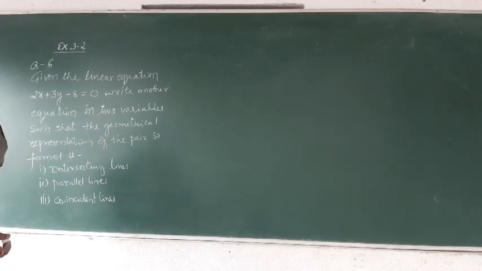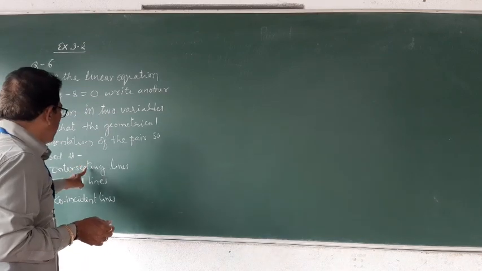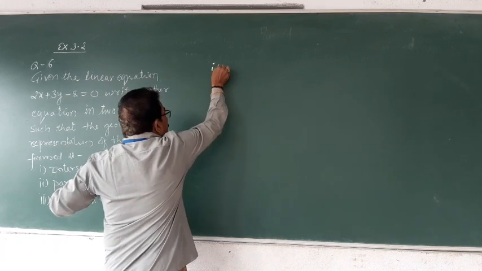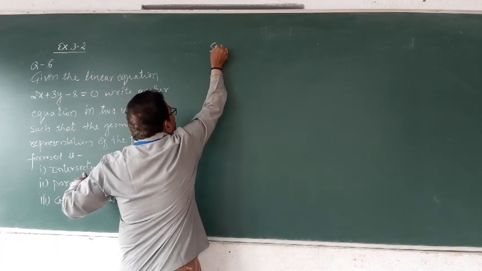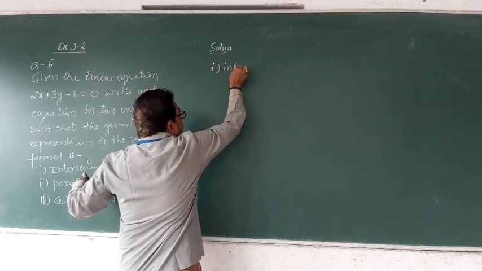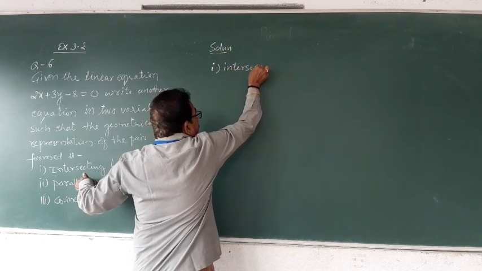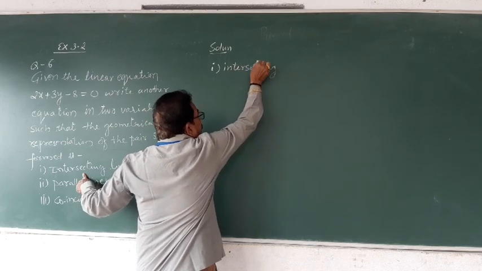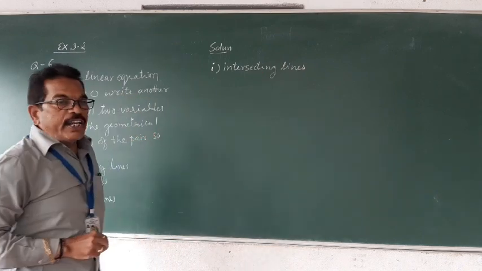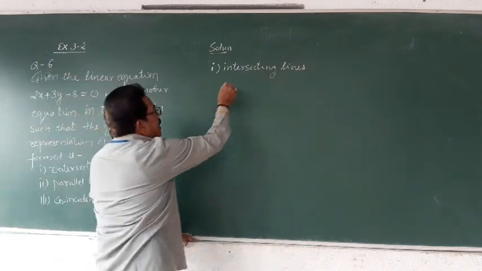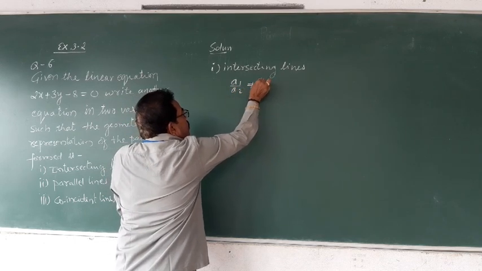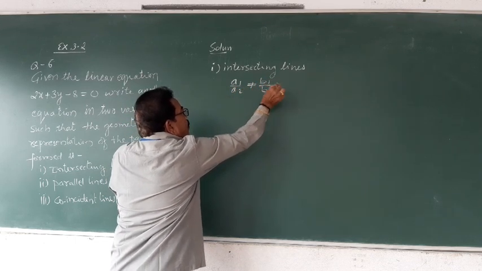First, intersecting lines. So first I will write the ratios of these lines. The condition for intersecting lines is a1 by a2 is not equal to b1 by b2.